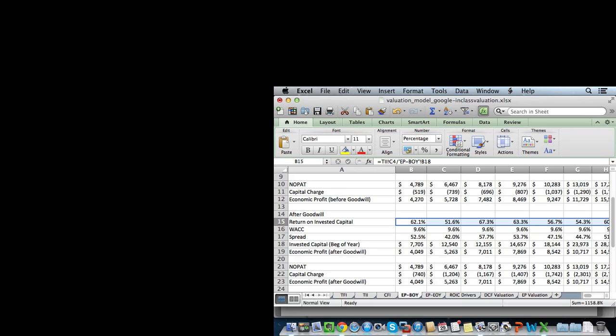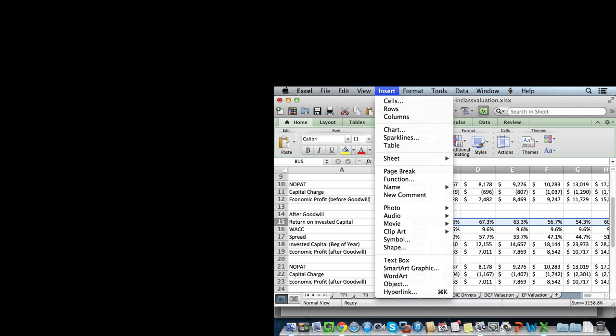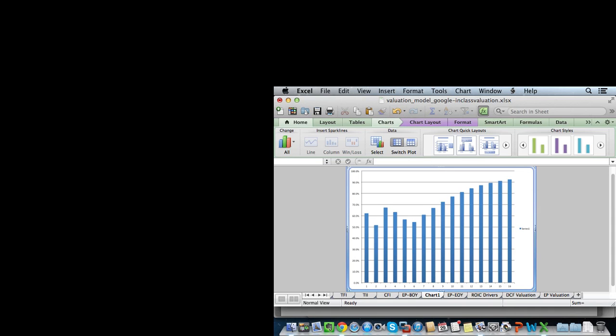So what I want to do is take row 15 of my EPBOY tab and insert a chart, either into a blank sheet or into a new chart sheet, either one. So create a sheet and add this to it, or you can create the chart in the existing sheet and move it over just so you can see this, or you can create a chart sheet. But basically, I want a line chart.